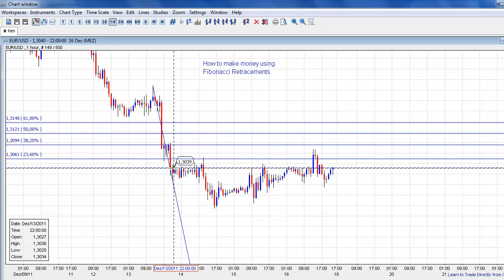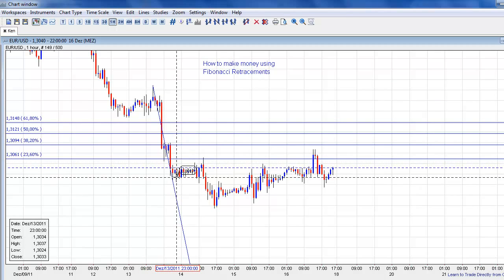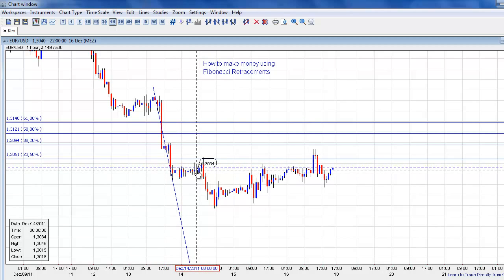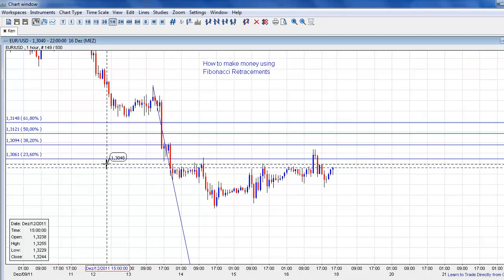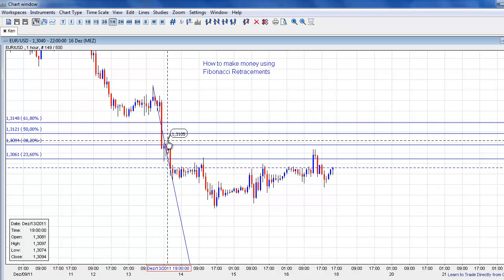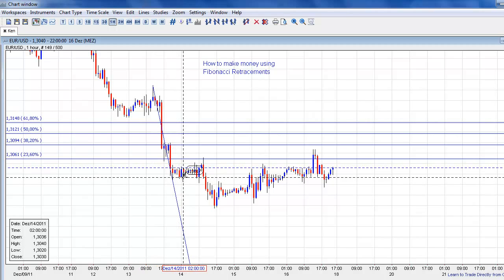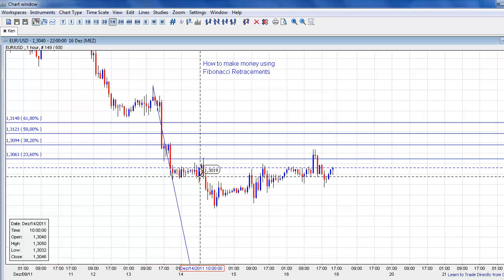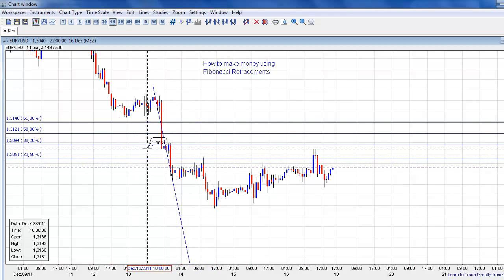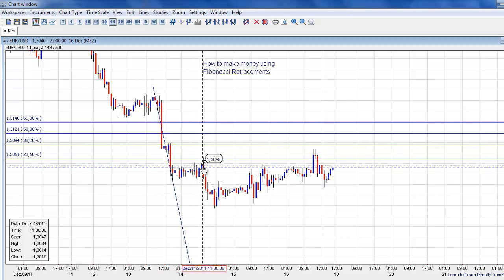So let's say, for example, you've missed the move to the downside. You're now looking at entering a potential trade short, but you want the price to retrace up to a resistance level or one of your retracement levels. So I've taken from the high point to the low point, and then I'm waiting for the price to potentially retrace, push up to the upside, and hold at one of my levels before I look at entering a trade short.